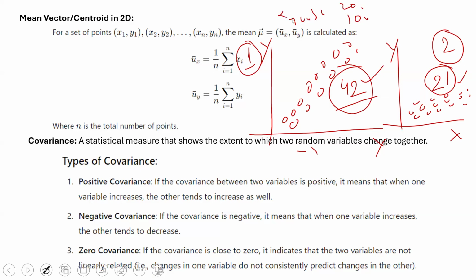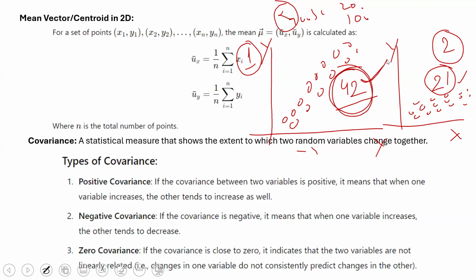It can also go to infinity. So you cannot say 42 is a strong relation. When you compare two diagrams, you can say that this distribution has high dependency between the random variables when compared to the other distribution. But by just looking at the covariance 42, you cannot predict whether that is high, low, or medium, because the covariance value can extend to infinite values.